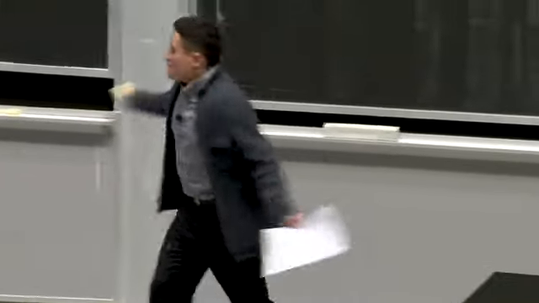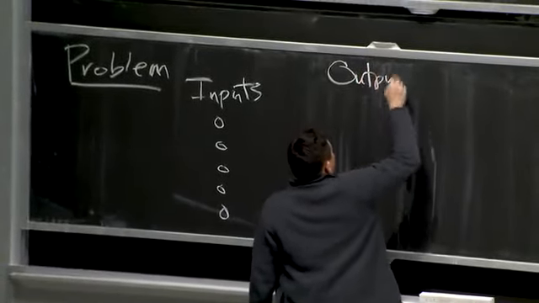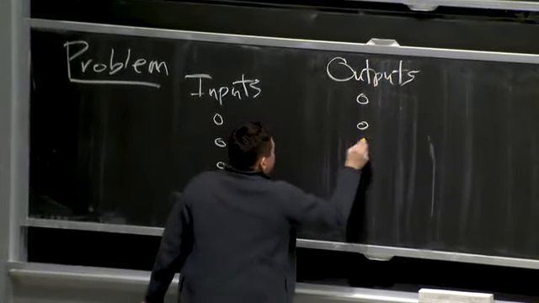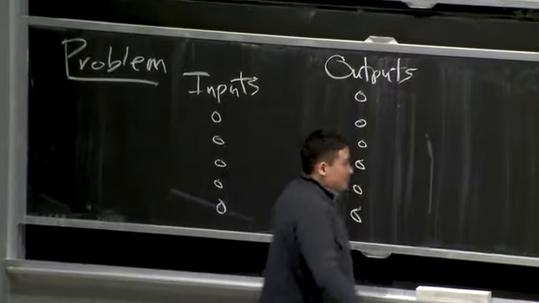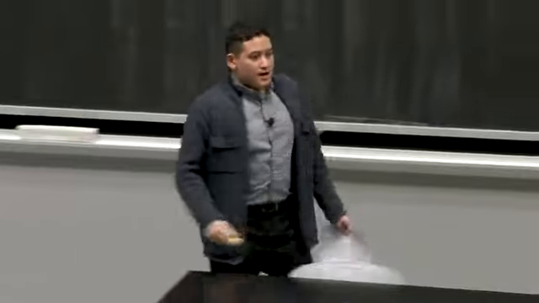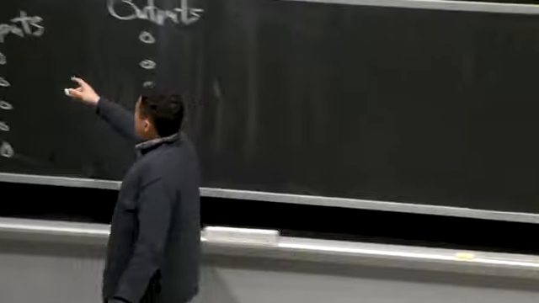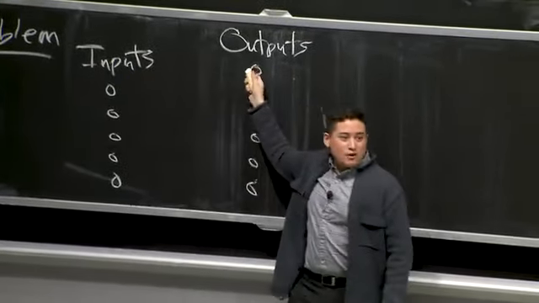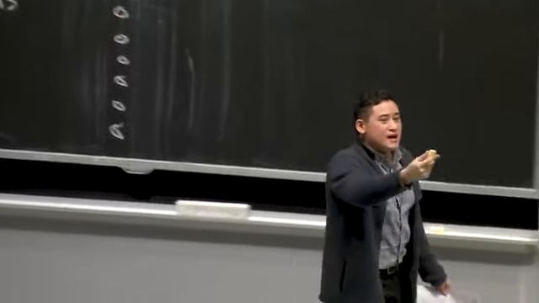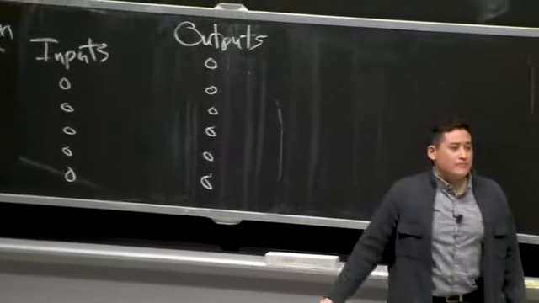Then I have a space of outputs. Okay? Outputs. And maybe I have more of them than I do inputs, but these are the possible outputs to my problem. And a problem is a binary relation between these inputs and outputs. Essentially, for each input, I specify which of these outputs is correct, right?